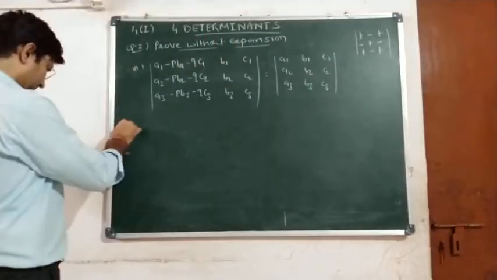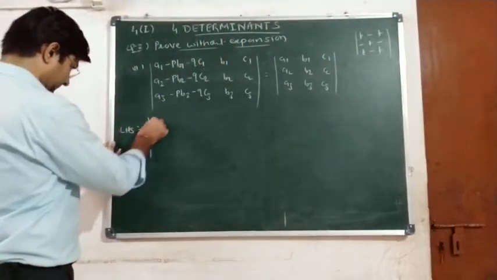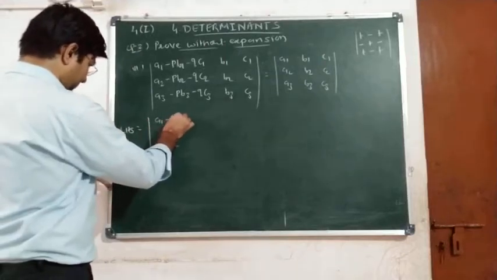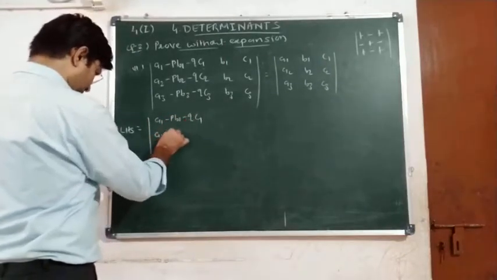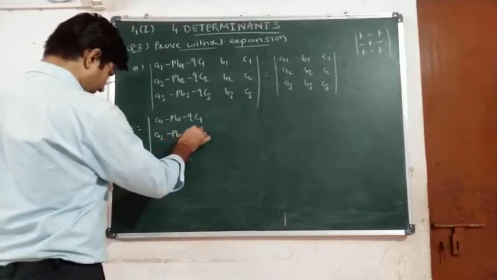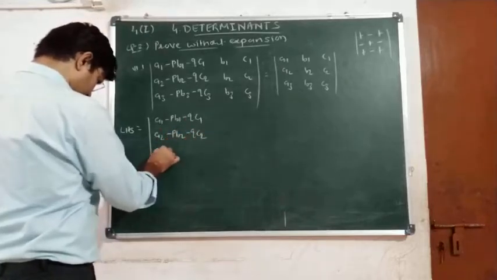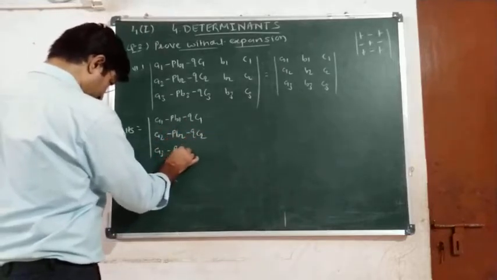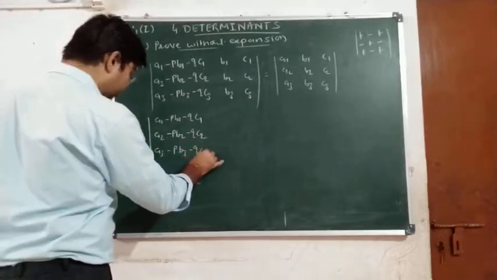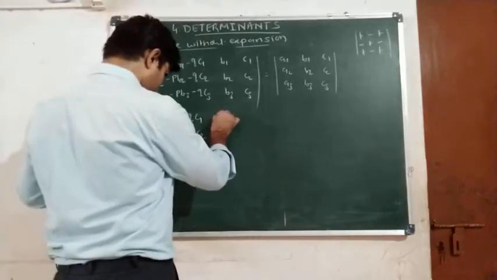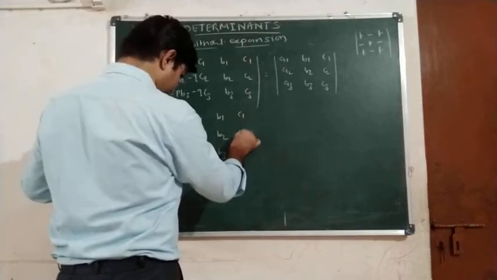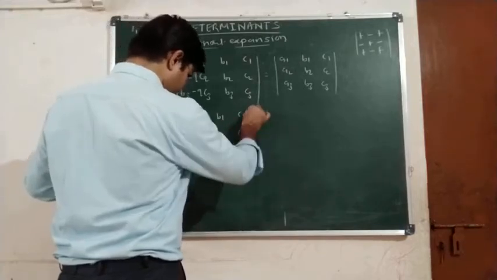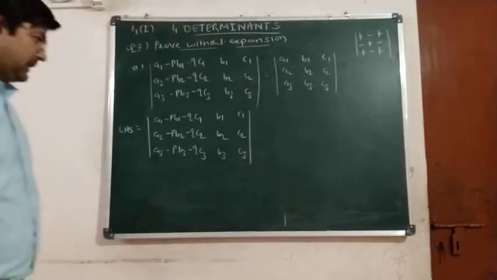Let us take the left hand side, LHS. A1 minus PB1 minus QC1, A2 minus PB2 minus QC2, and A3 minus PB3 minus QC3, B1, B2, B3, and C1, C2, C3.